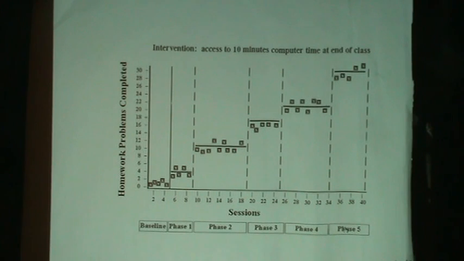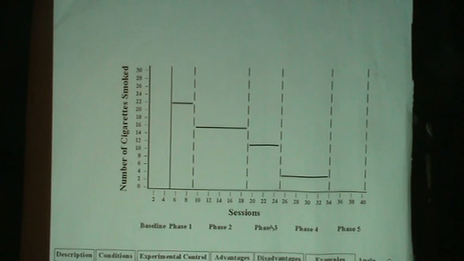So here again, this has very, very good internal validity. We can say with a high degree of probability here that access to 10 minutes computer time at the end of class has increased this participant's number of homework problems completed correctly.